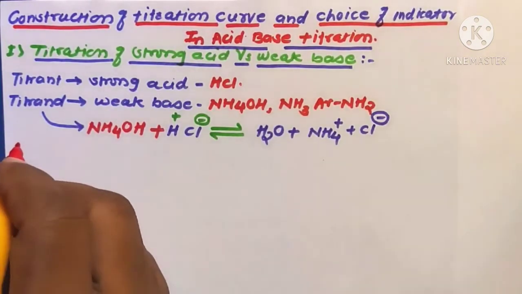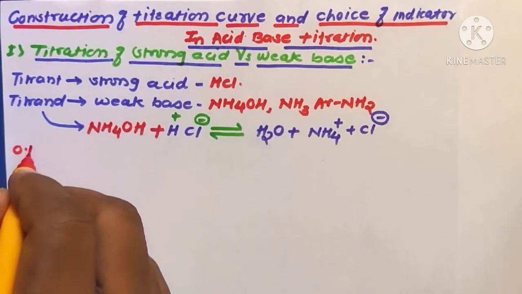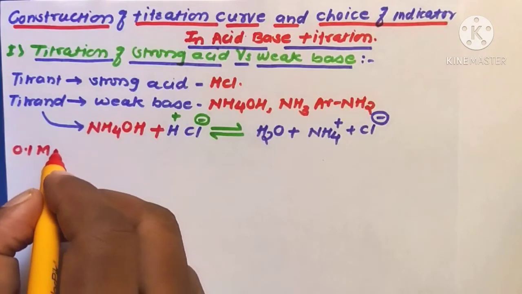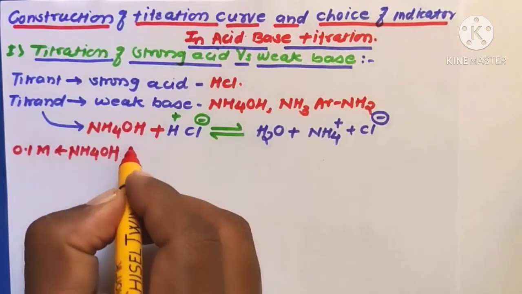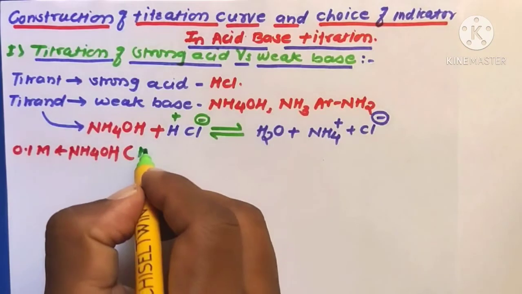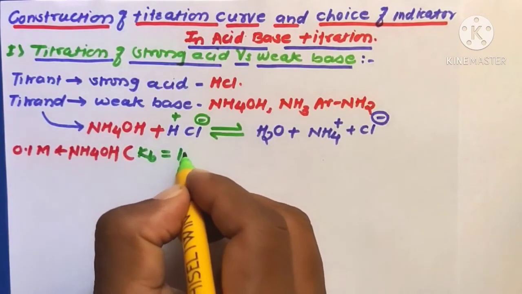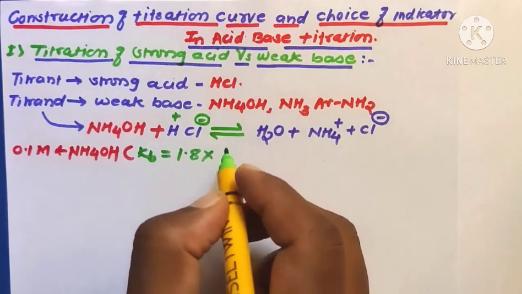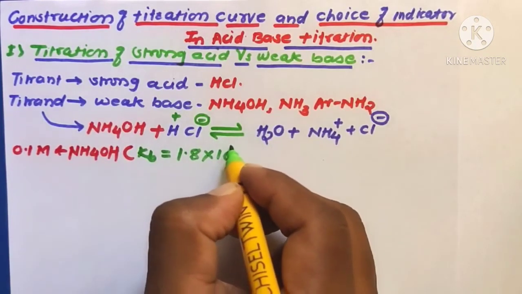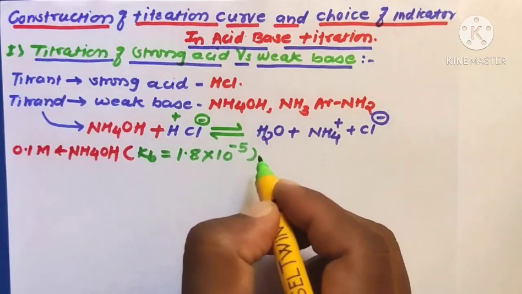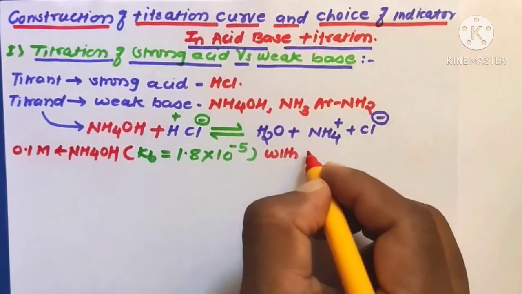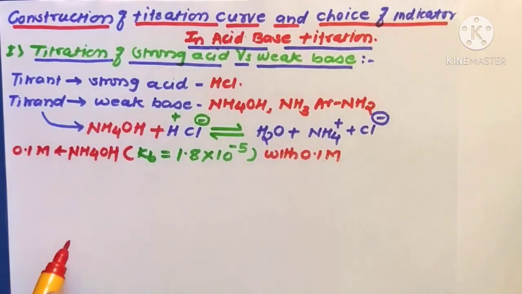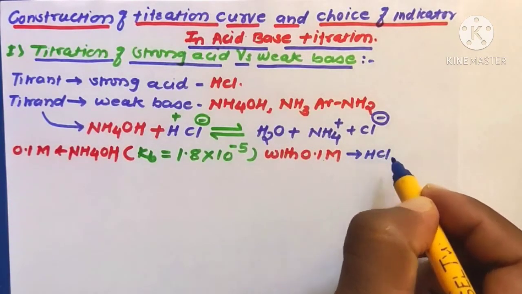Now the first case, consider the titration of 0.1 molar ammonium hydroxide, that is NH4OH, the Kb value of which is 1.8 into 10 raised to minus 5, with 0.1 molar hydrochloric acid, that is HCl.